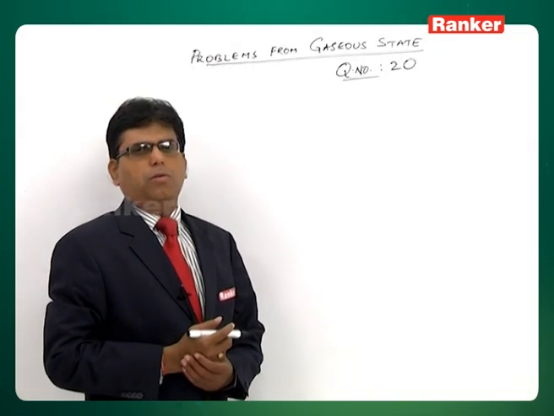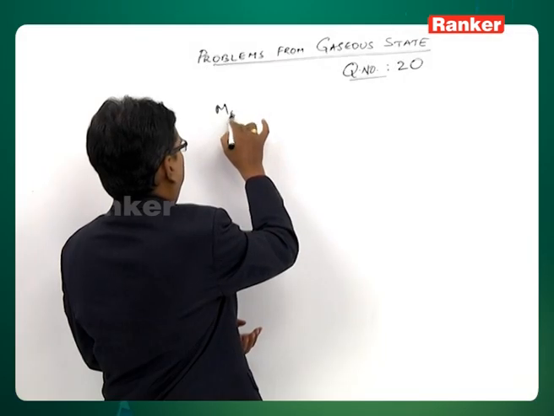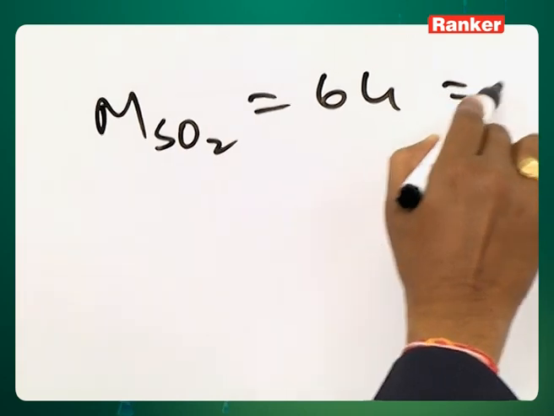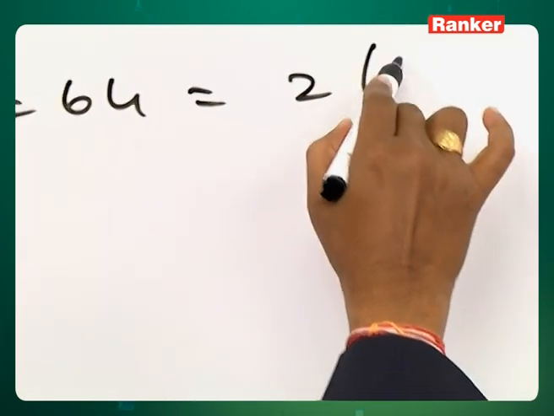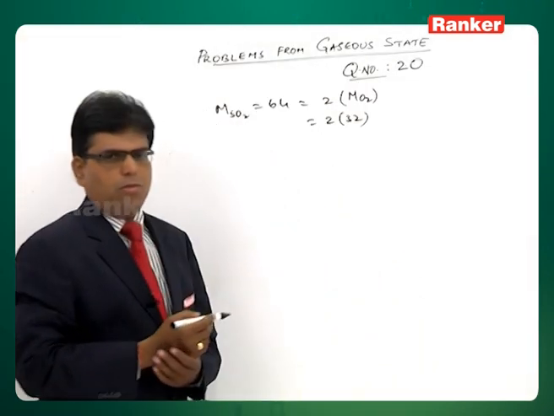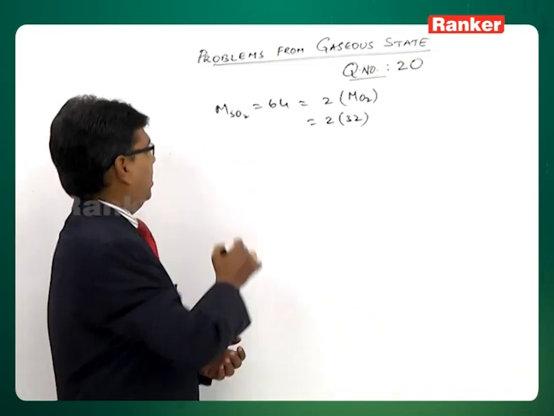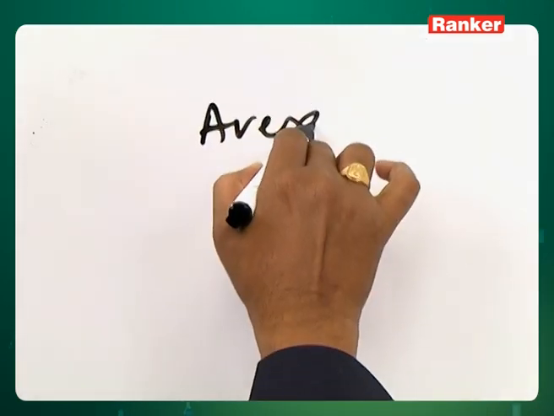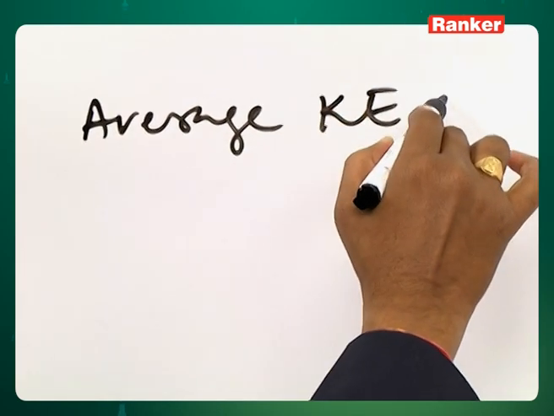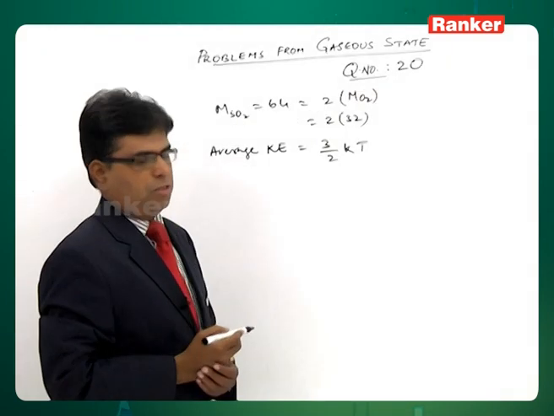Now, let us go to question number 20. A SO2 molecule is twice as heavy as oxygen molecule. That is, of course, we know, because molecular weight of sulfur dioxide is 64, which is equal to 2 into molecular weight of O2, that is 32. Hence, at 25 degrees Celsius, the ratio of the average kinetic energy. Average kinetic energy we give with 3 by 2 kT, where k is Boltzmann's constant.